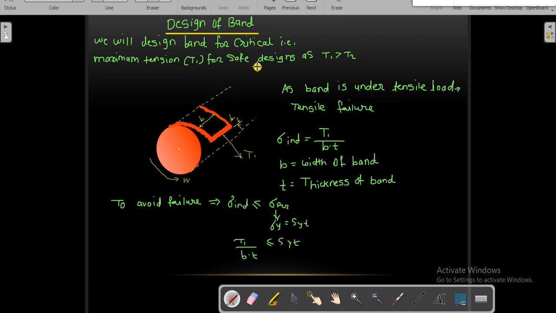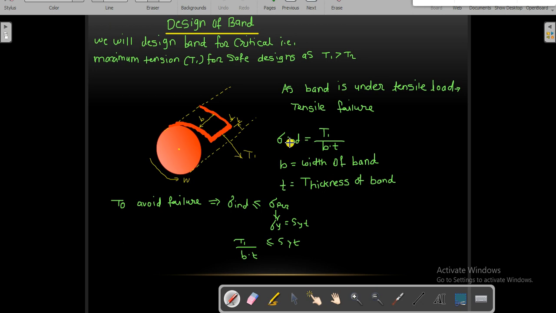For a safe design, we design it for the critical tension. As the band is under tension or tensile load, the failure will be tensile failure, and the induced stress will be tensile stress or normal stress.